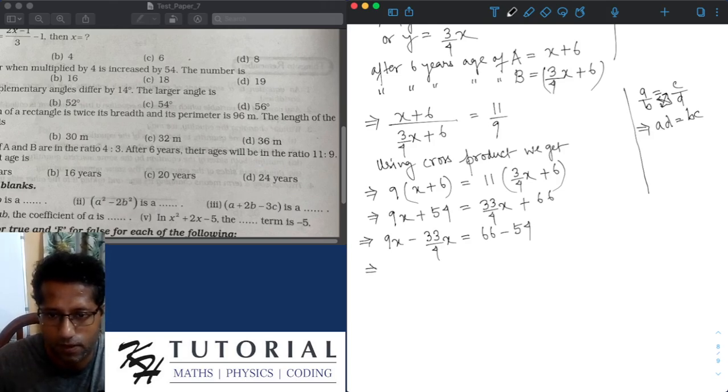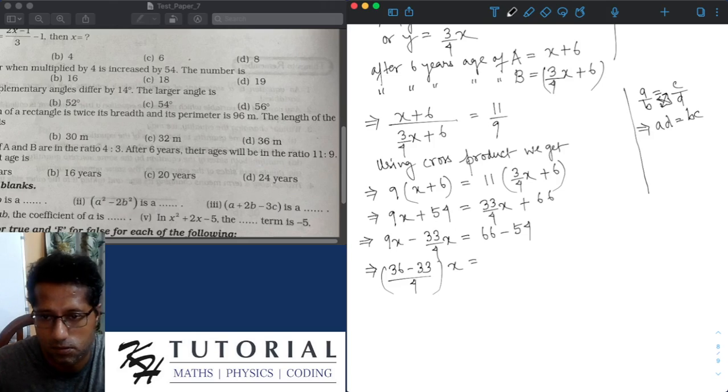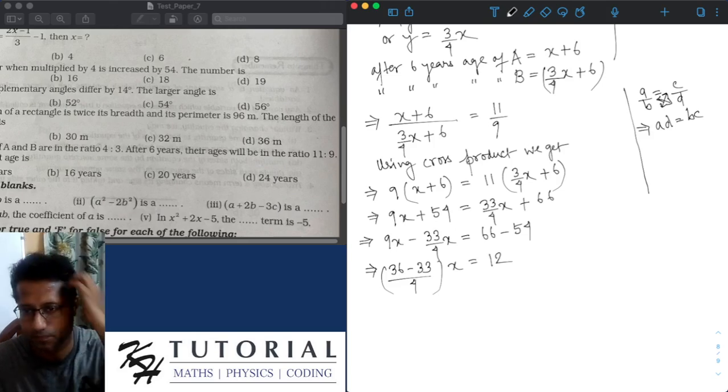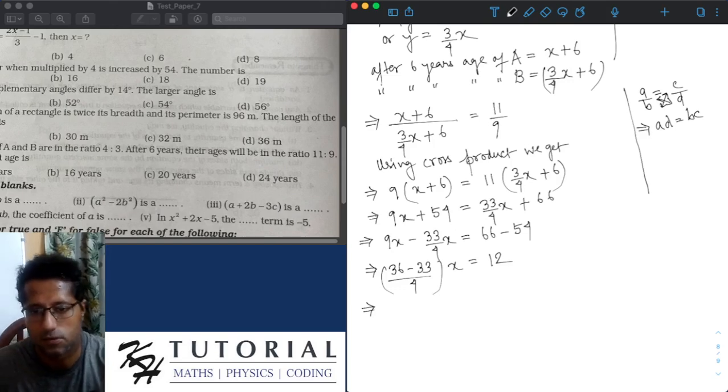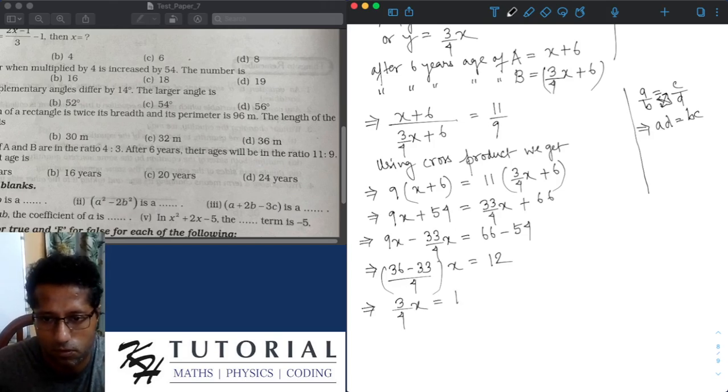If we further simplify, adding up the like terms on the left hand side and the right hand side, we get 9x minus 33 by 4 x is 36 minus 33 by 4 x, which gives 3 by 4 x, and the right side is 12.